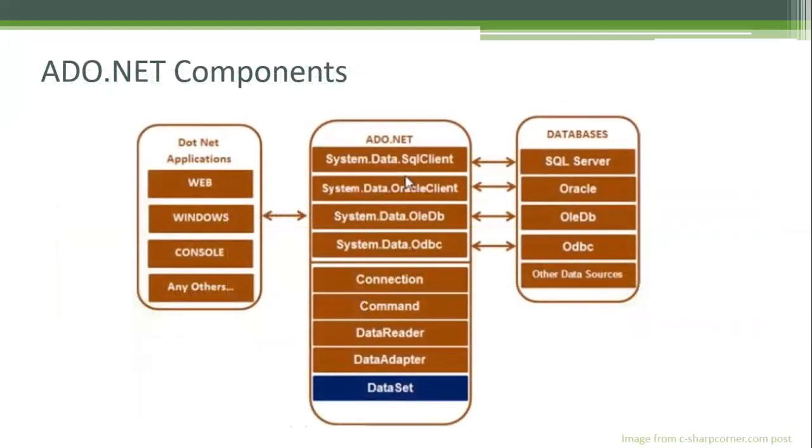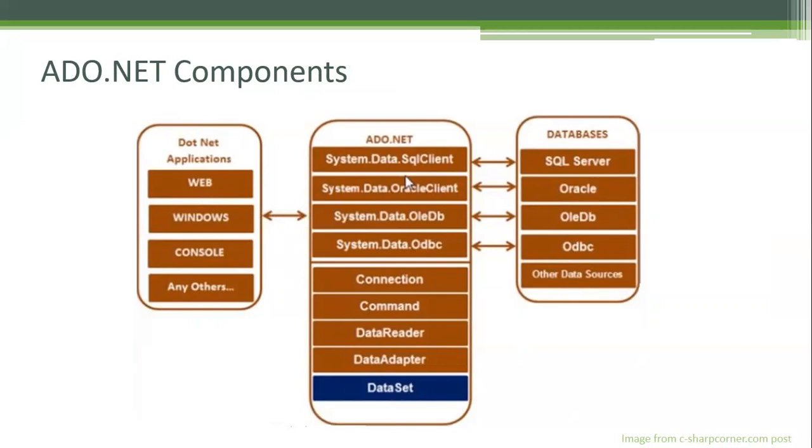Okay. When it comes to the different classes we have in the System.Data namespace, to connect with SQL Server we have the System.Data.SqlClient namespace. To connect with Oracle, we have the Oracle client. To connect with all other databases, we have OLEDB or ODBC.